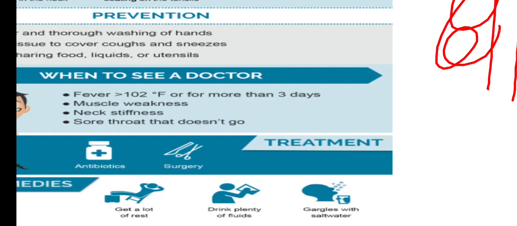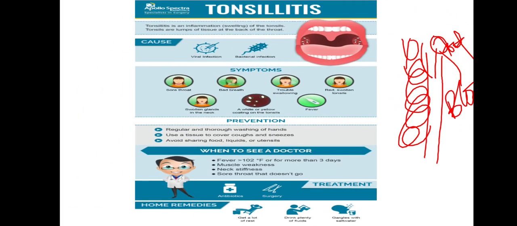For the treatment, there are certain antibiotics and certain surgeries, and we have to get a lot of rest, drink plenty of fluids, and gargle with salt water. Lukewarm water will also add a soothing feeling.